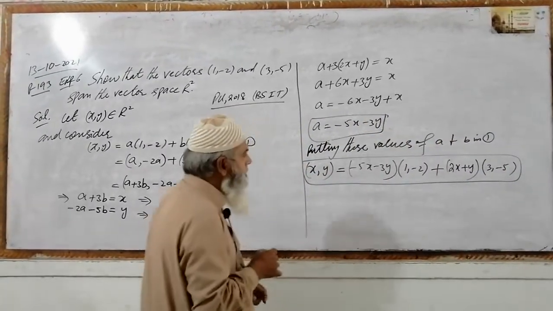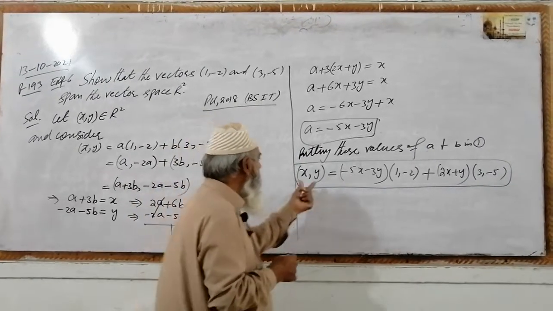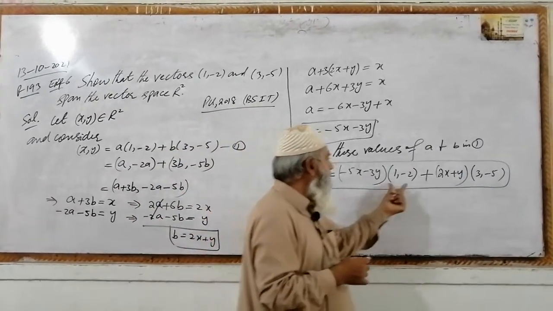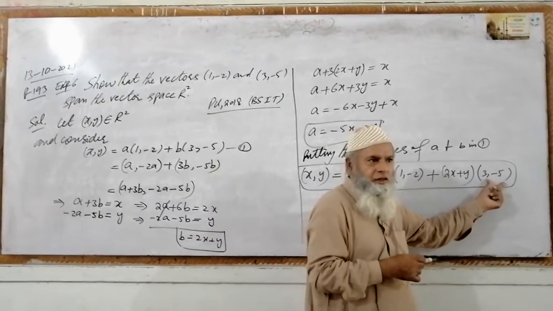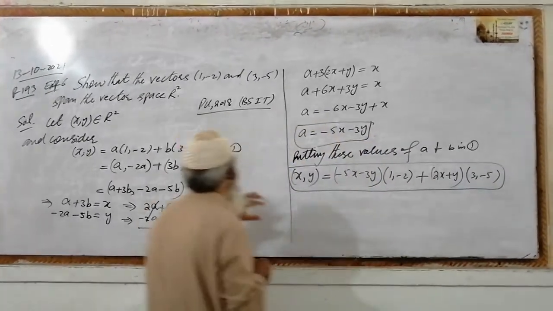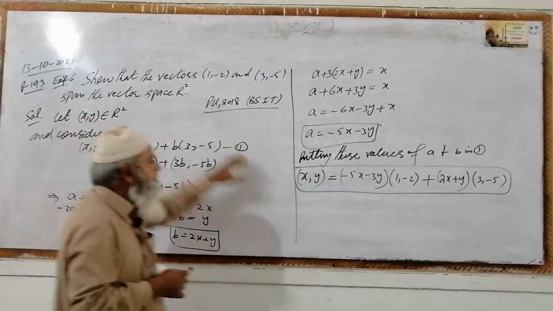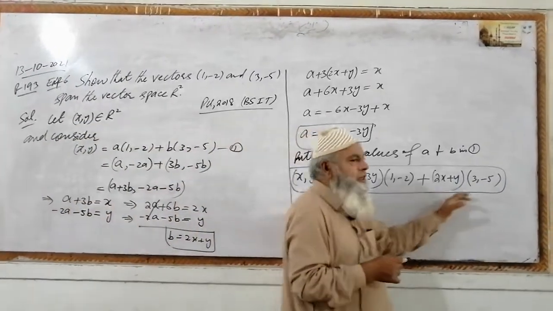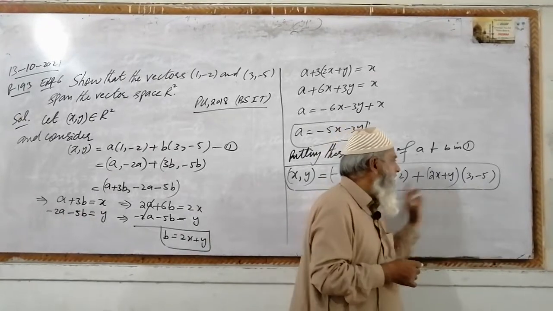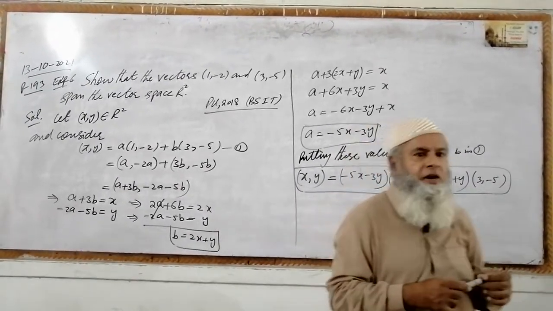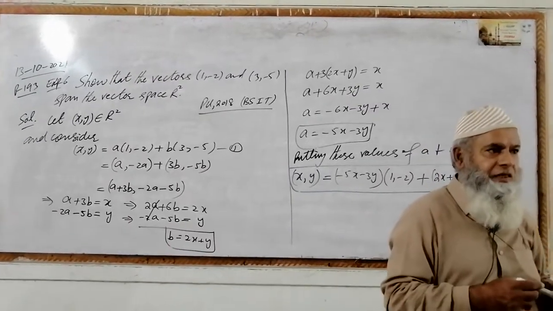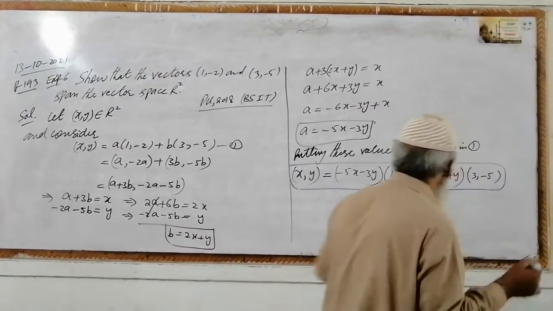We have succeeded in writing (x, y) as a linear combination of (1, -2) and (3, -5), and this gives us the result that every vector of R square can be expressed as a linear combination of these two vectors. Consequently, R square is spanned by the given vectors. This is what we had to prove.